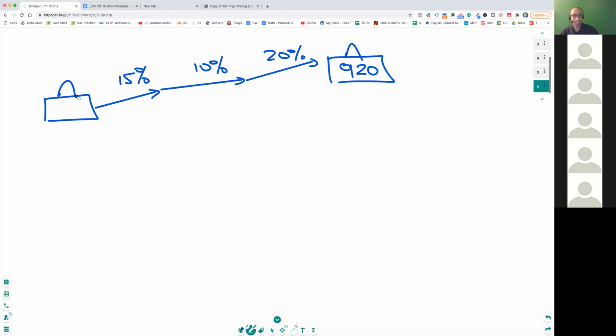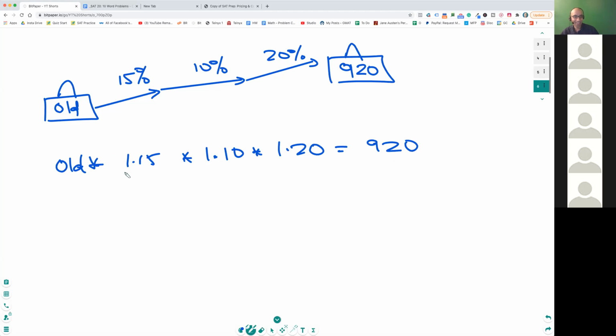And they might ask you, what is the old price? So you use the same deal, right? Old times 1.15 times 1.10 times 1.20 is equal to 920. Same deal, but now you know how.